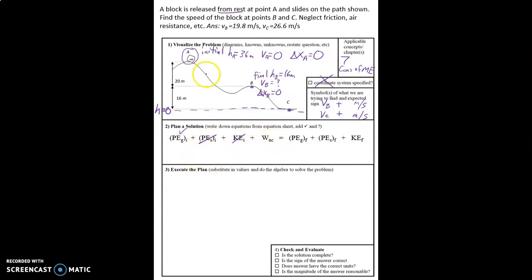At any point along the path, we can draw a free body diagram, which would have the normal force and the weight.